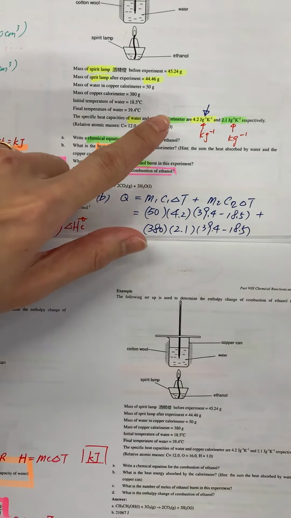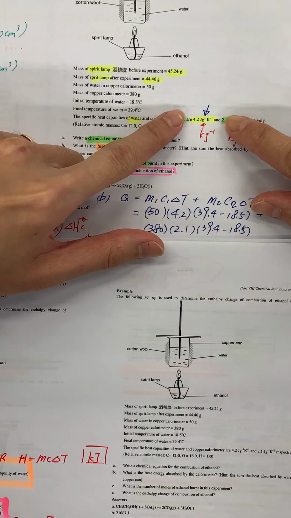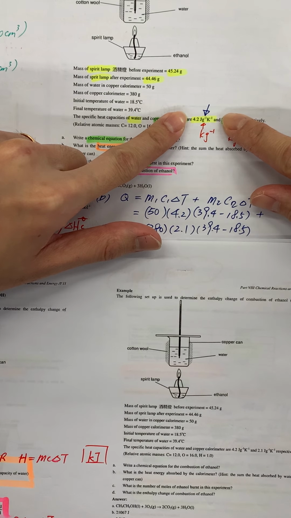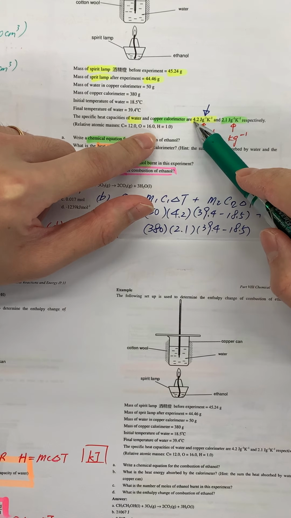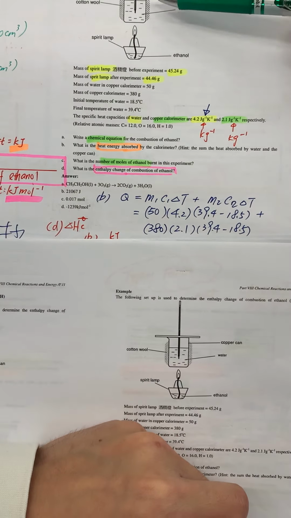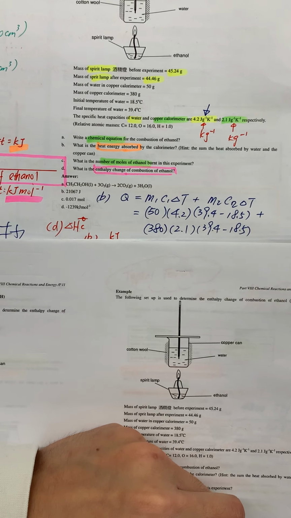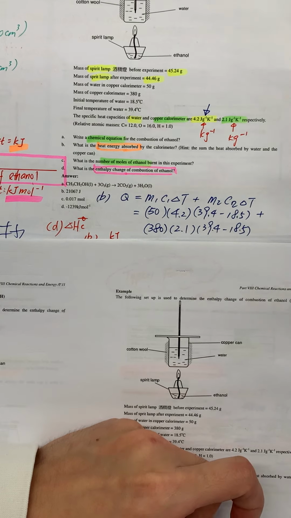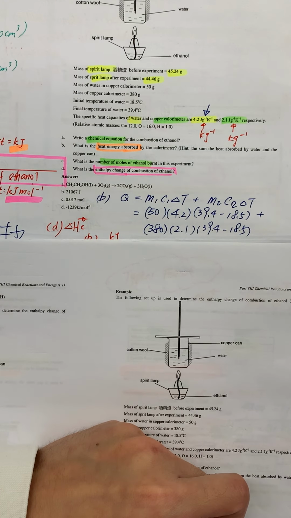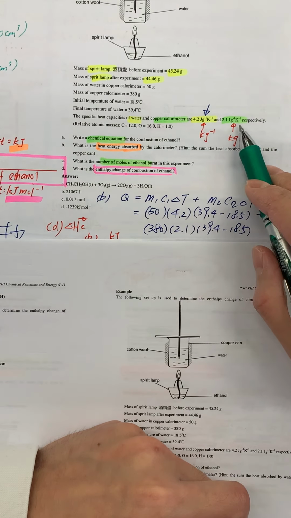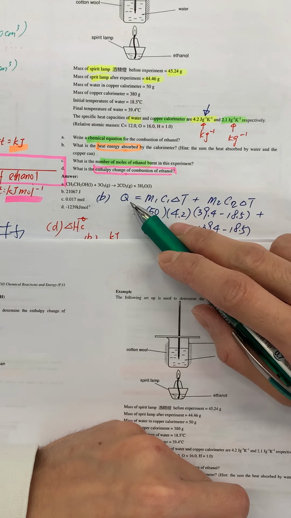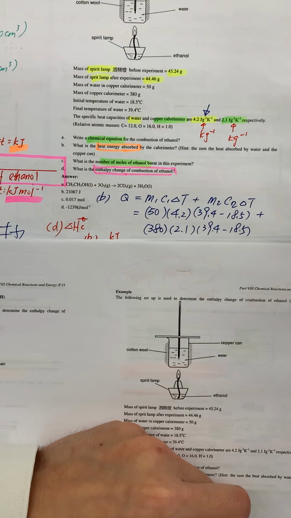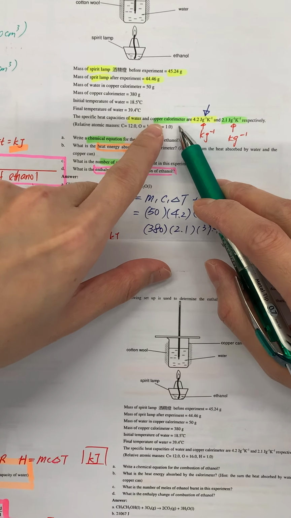Sometimes the specific heat capacity is given for the copper calorimeter. Because not only water will absorb energy, metal will also absorb energy. Actually, all substances will absorb energy. If the data is provided, you must include it in the heat, included in the Q. Now they have given the copper calorimeter.